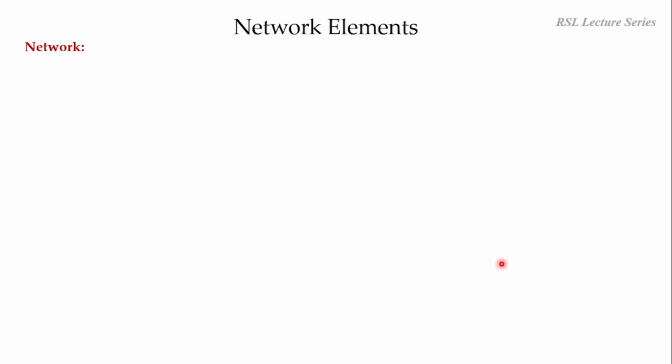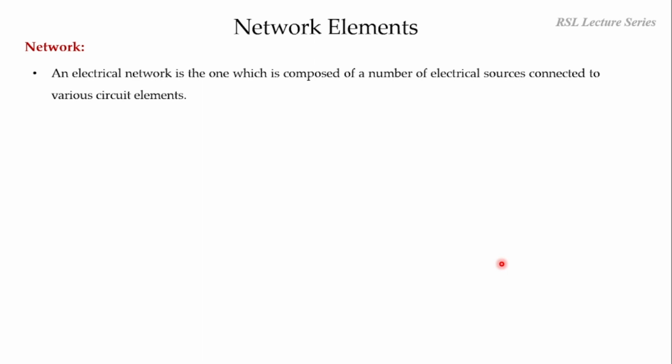Now we'll discuss some of the network elements. First we'll see what is a network. A network, or simply an electrical network, is one which is composed of a number of electrical sources connected to various circuit elements. Here more than one electrical source will be available.